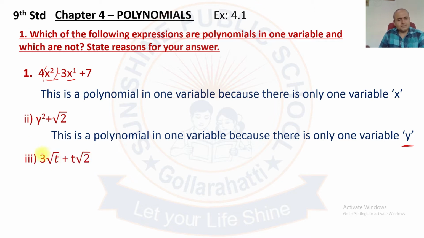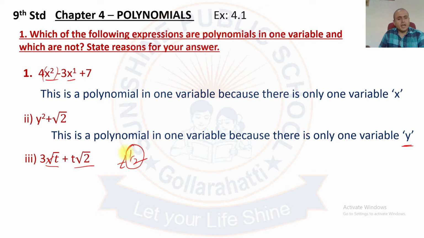Next question, 3 under root t plus t under root 2. We got expressions with two terms with one variable, that is t. But this is not polynomial because the power of t is t to the power 1 by 2. The power of t is not a whole number. It has a root, and if you remove the root, that becomes t to the power 1 by 2.